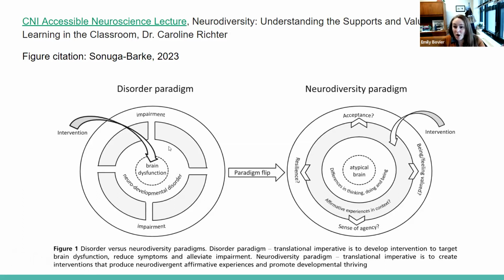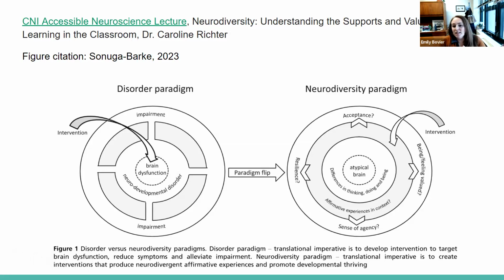But what we know is that neurodiversity is simply just that. It's an individual difference in cognition, in behavior, in the way our brains operate. So we can consider all of us on a continuum with various constructs, right? Attention, sensory processing, memory, our degree of social engagement, things like that.